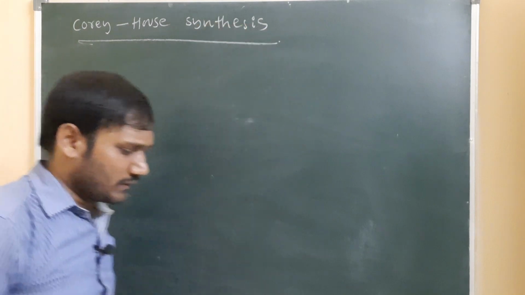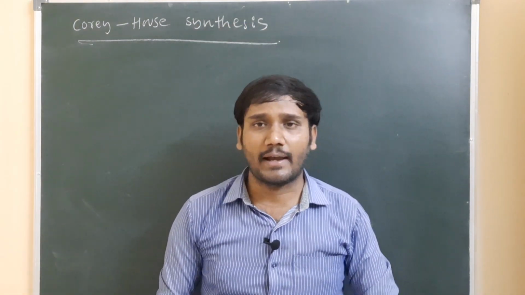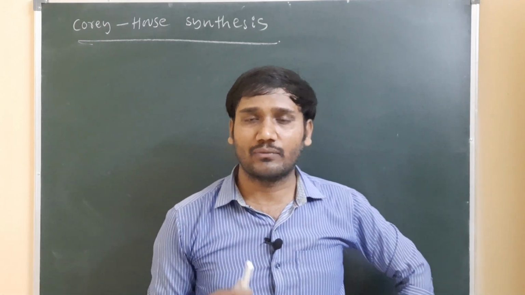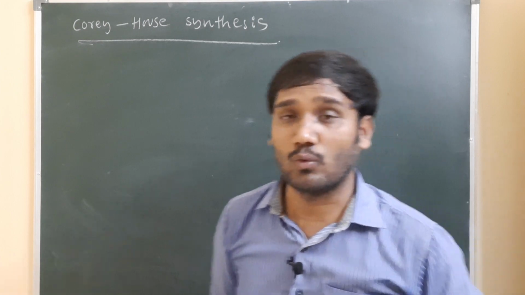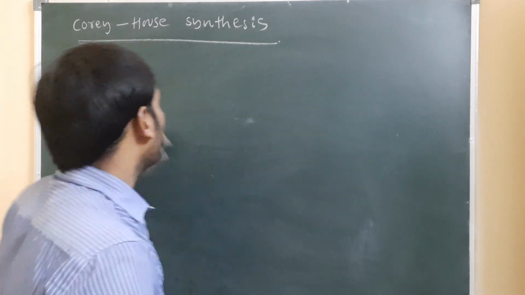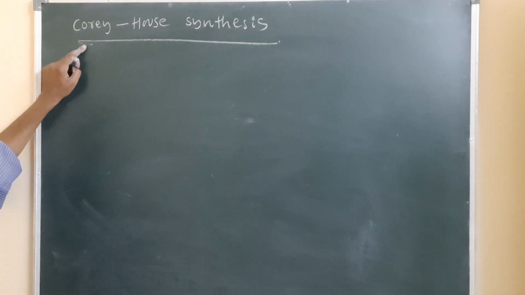So what is the Corey-House synthesis? Everything we have discussed until now, the Wurtz reaction, the Frankland reaction, the Fittig reaction, the Wurtz-Fittig reaction, and the Ullmann synthesis, is for the preparation of alkanes. At the same time, the Corey-House synthesis is also used to prepare alkanes.